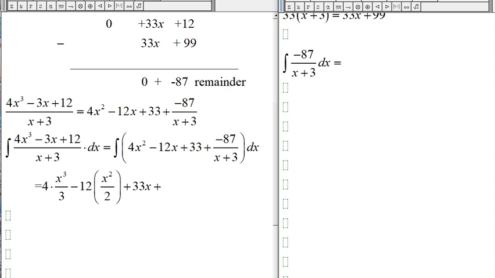We can write this as negative 87 outside, since it's a multiplication constant, and then times 1 over x plus 3. But again, the antiderivative would be just the natural log of x plus 3.